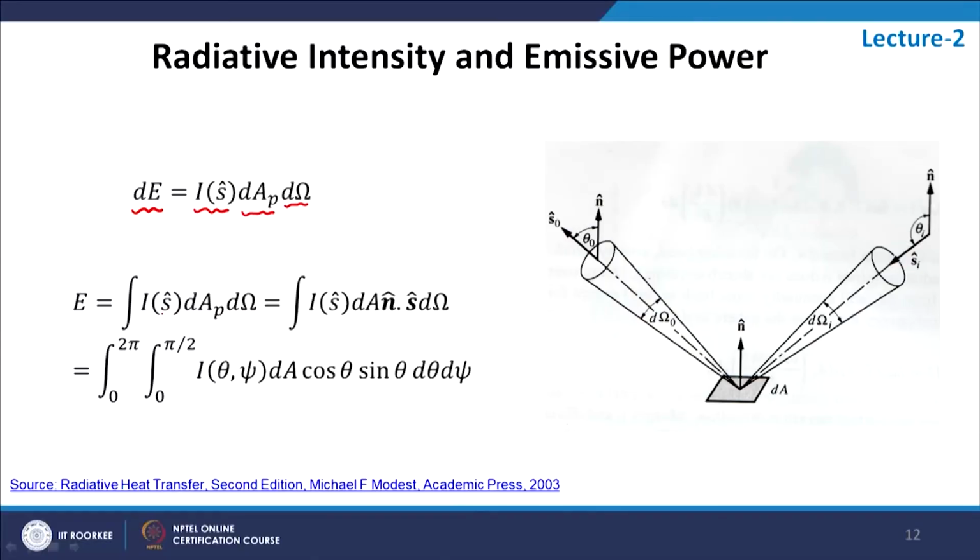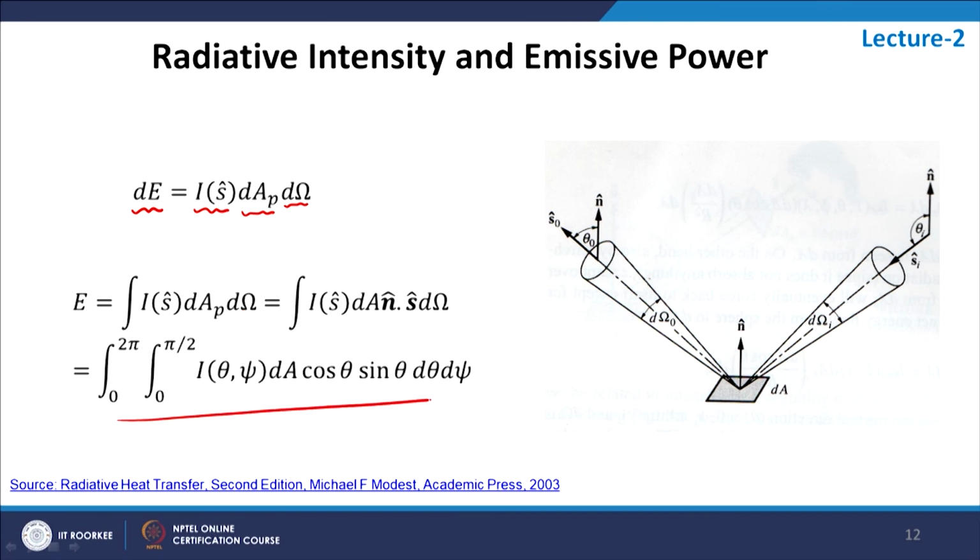When we integrate it over all the solid angles, it should give us the emissive power. So, we write intensity Is in a given direction, times dAp, the projected area, times d omega, the small solid angle, and integrate over all the solid angle, that is 2 pi. When we do this, we get this relation.